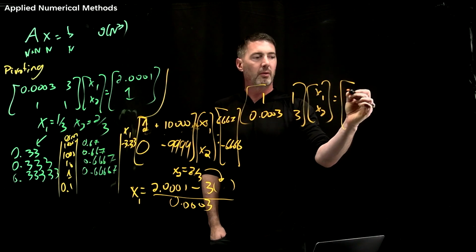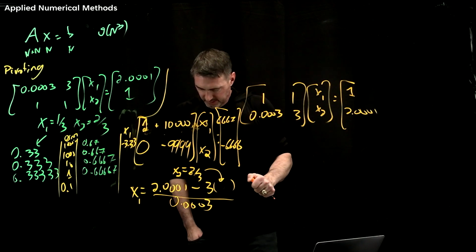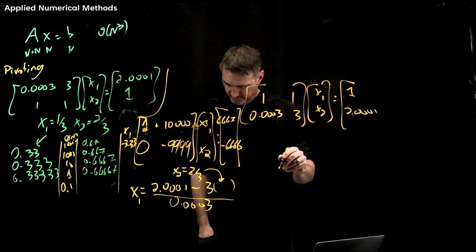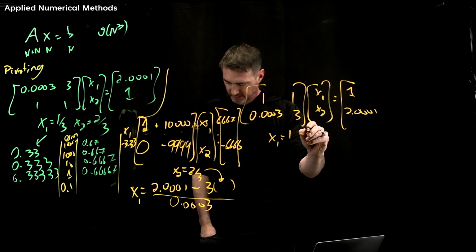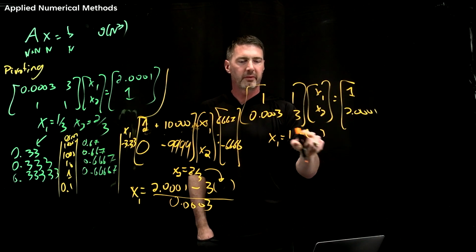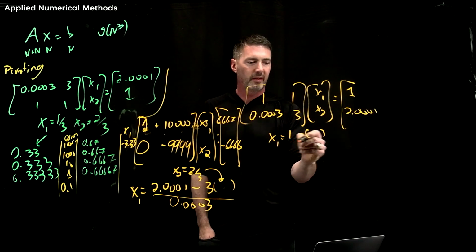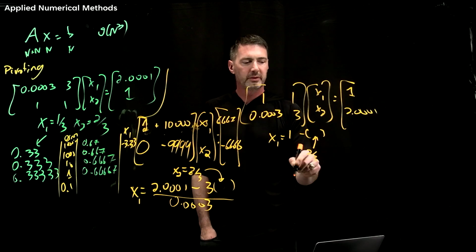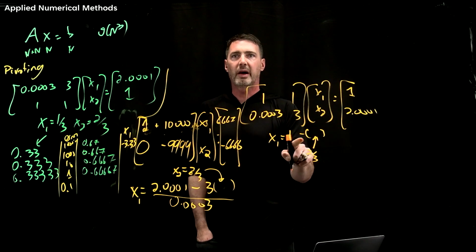And this is 1, and this is 2.0001. And you repeat this whole process, you'll end up getting x1 is equal to 1 minus x2. So you multiply by the 3, and however you store 2/3 in here, then this is how you compute it.